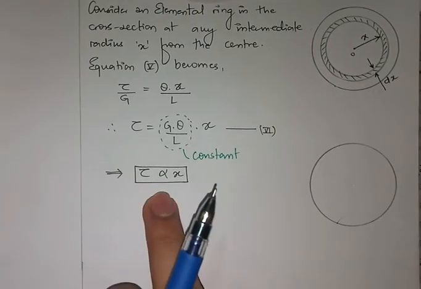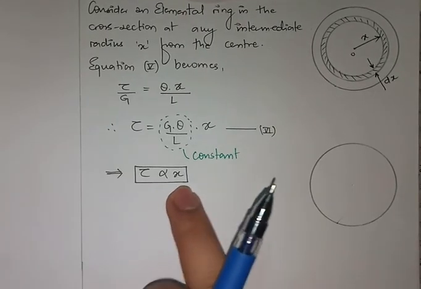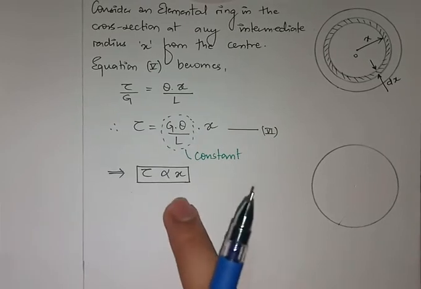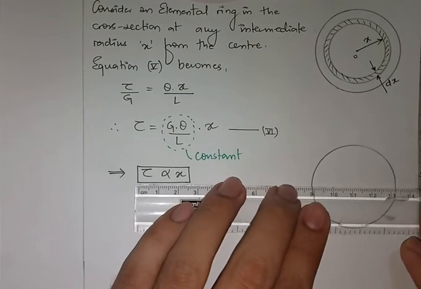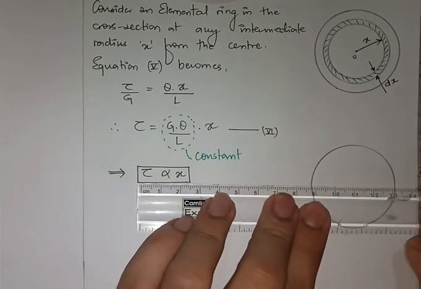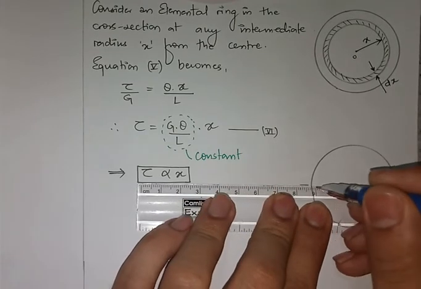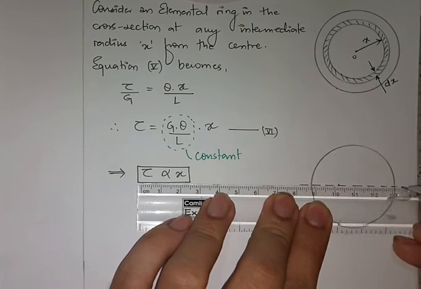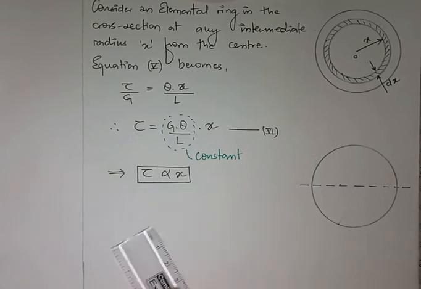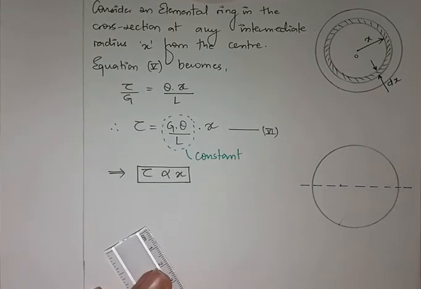I'll show the linear variation of shear stress with respect to the radius here. This will be the shear stress distribution in a body subjected to torsion. Suppose this is the center.